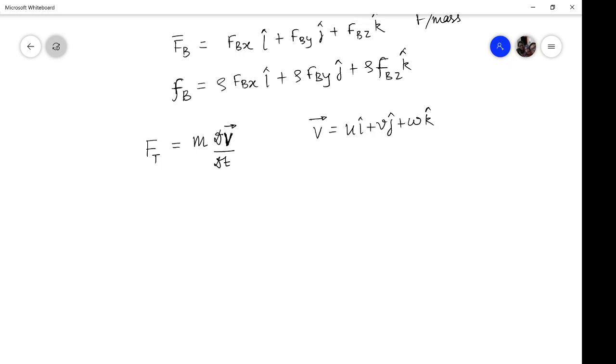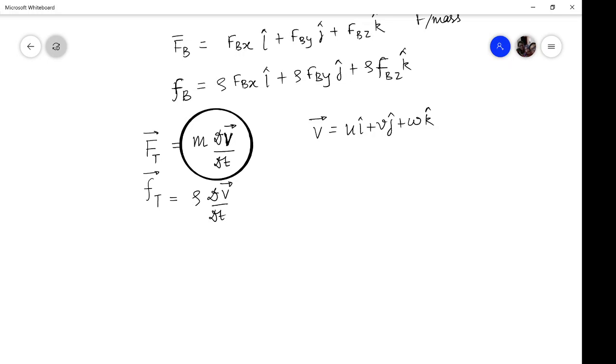The normal convention is to write the mass times acceleration term on the left side. If I want to write this as total force per unit volume, then dividing by volume, mass divided by volume will be density. So rho dV vector by dt. Remember, this is a vector quantity.